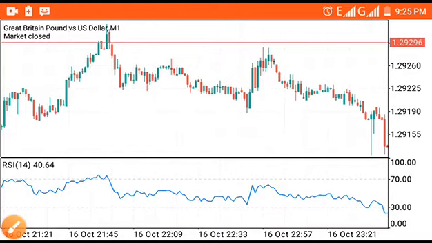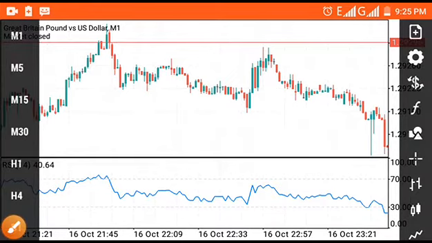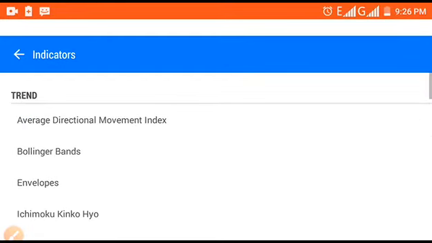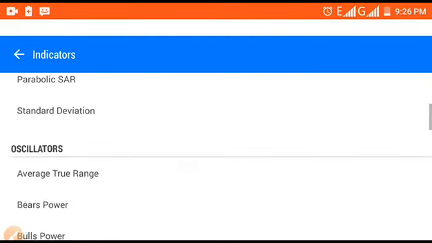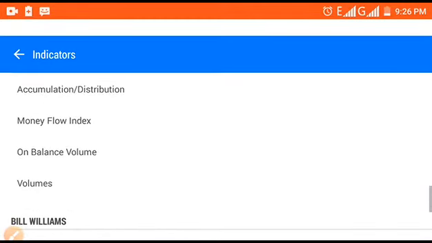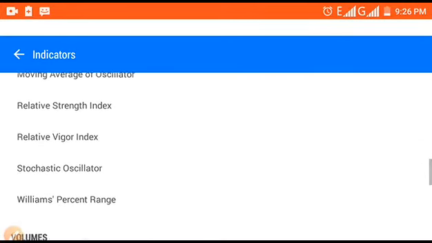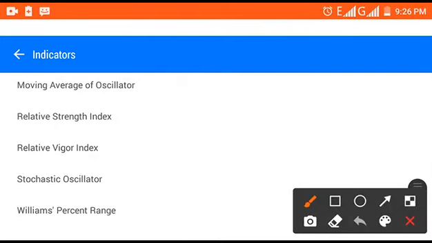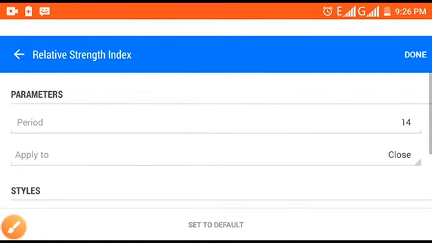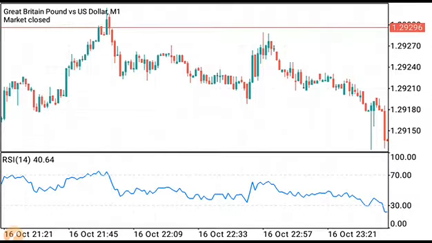Using an MT5 account, click on it, go to indicator window, search for indicator, look for relative strength index, this one, click on apply, leave it to default, done, then you apply.